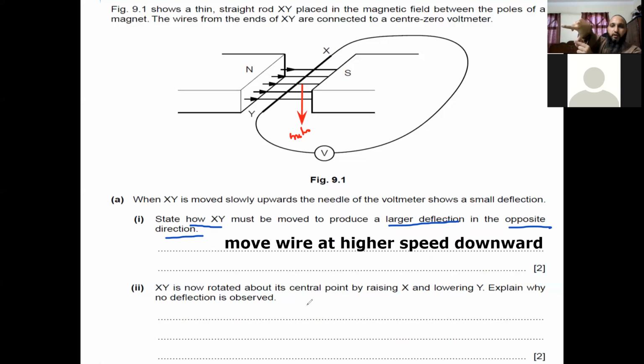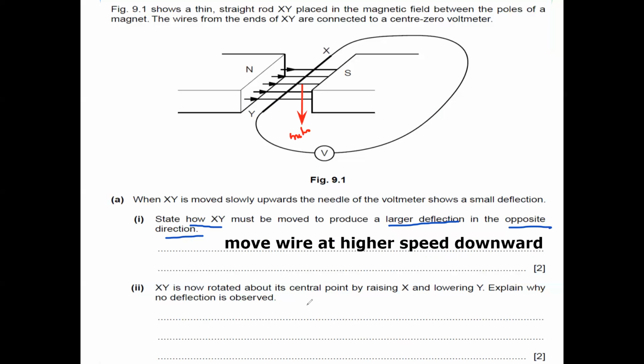So index finger is towards the right-hand side, thumb is pointing downward. The second finger is pointing out of the screen. So the current will move from X to Y. So it will be in the opposite direction.